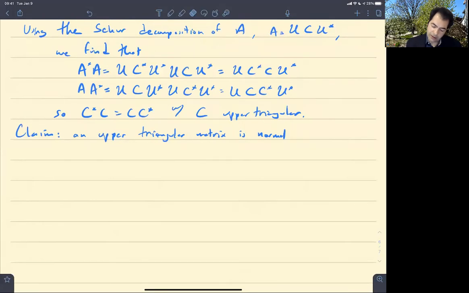Sorry, let me restate that. One part is trivial, so let me just state the non-trivial part. A normal upper triangular matrix is diagonal.